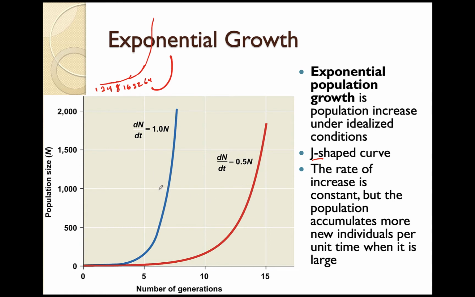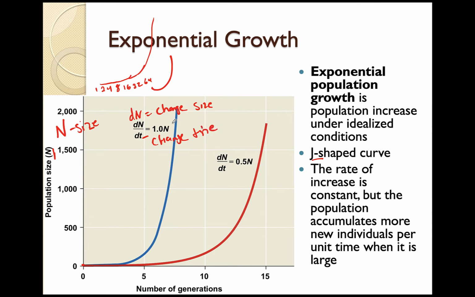On here you can see two different populations, so they're both going to start here at the same number of individuals at the beginning. Capital N is the population size at any time, and what this means for those of you who have not had calculus, dN is the change in size, and then dt is the change over time.